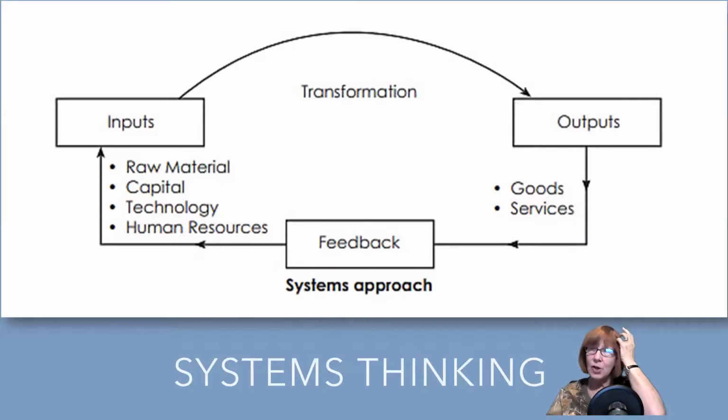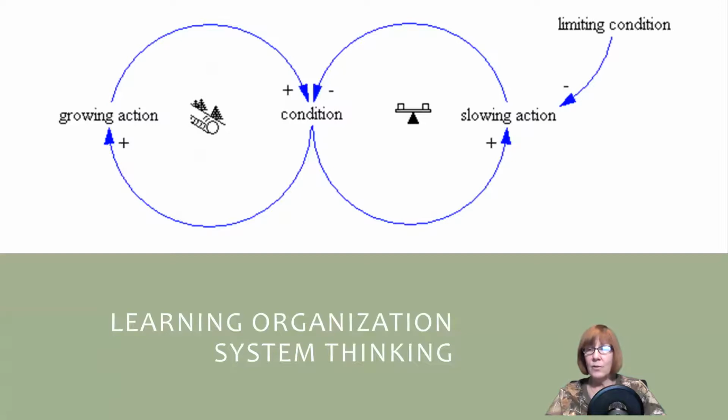And so you want to make sure they know and that they are trained to look at all of the inputs, how the inputs are transformed into outputs, and what kind of a feedback system you can put in place in order to let them know whether or not there are defects, whether there is waste, so that they can then essentially look at the whole system and create their own systems approach.